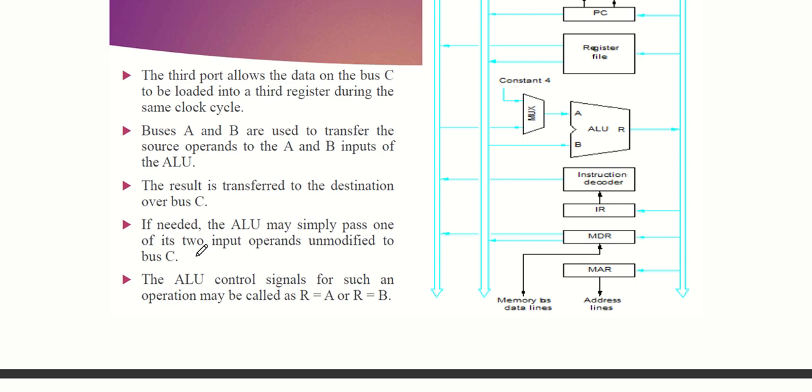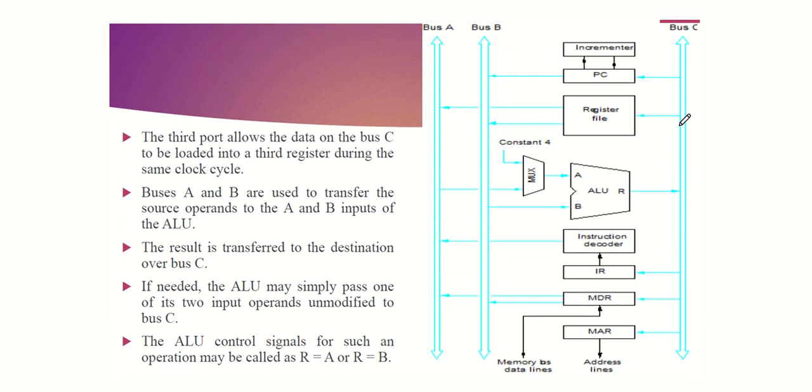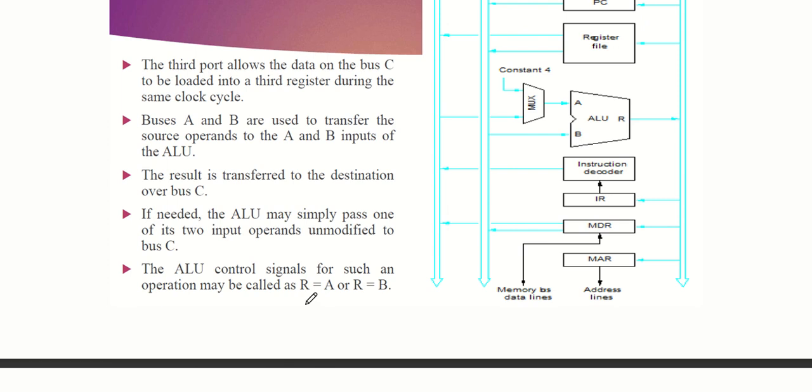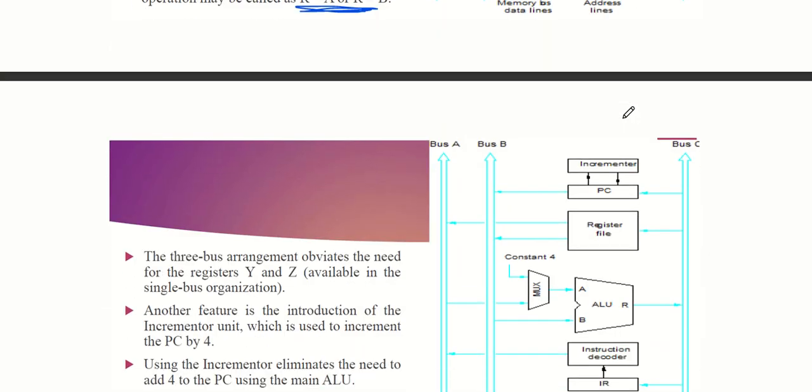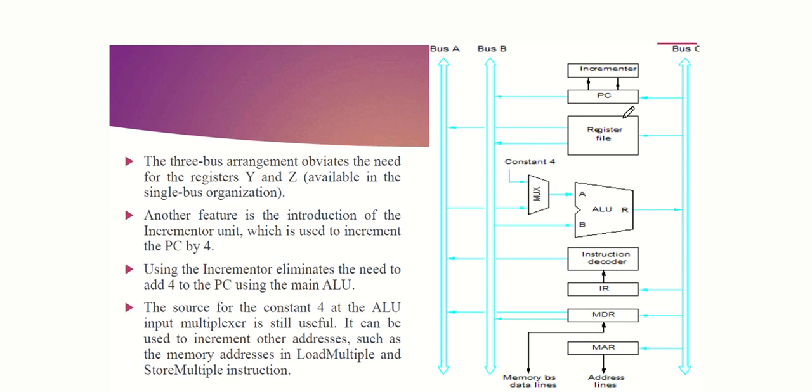It allows you to pass the content of register A, and that content would just flow through the ALU into bus C, then bus C will take it to the selected register file. So they'll say R equals A or R equals B, where R is the output here. So take note.